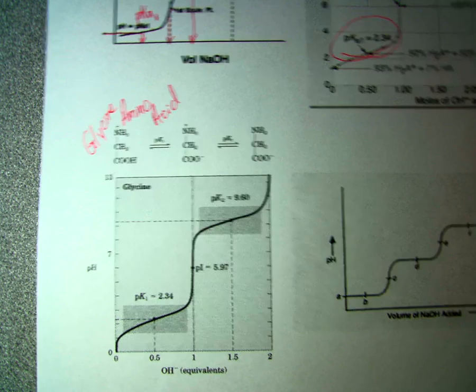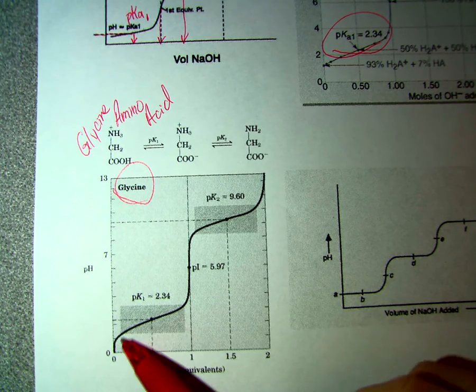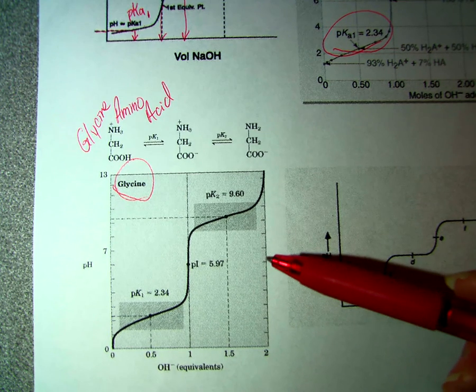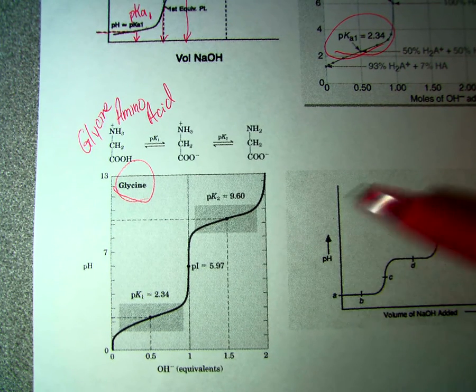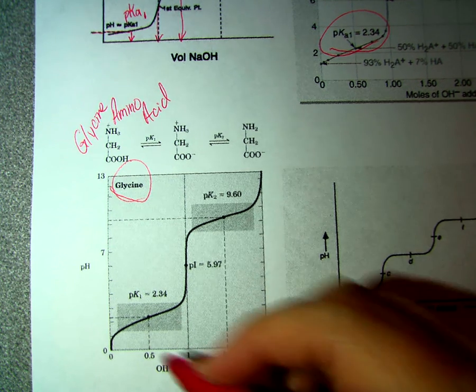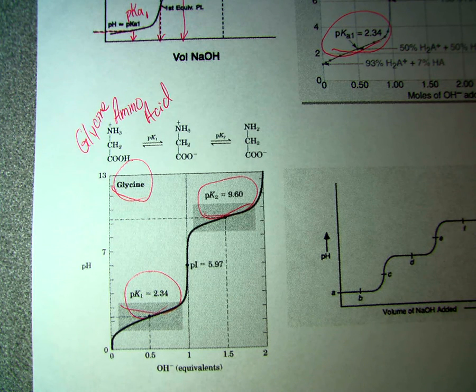But know that you could calculate the Ka's from this also. It wouldn't matter that it's an organic molecule instead of inorganic. It gave you the pKa's of each one, so you would just use them.